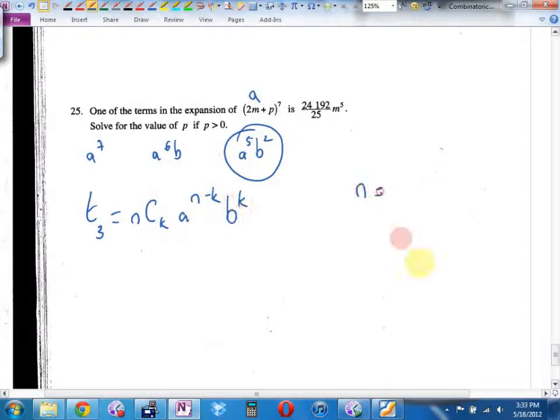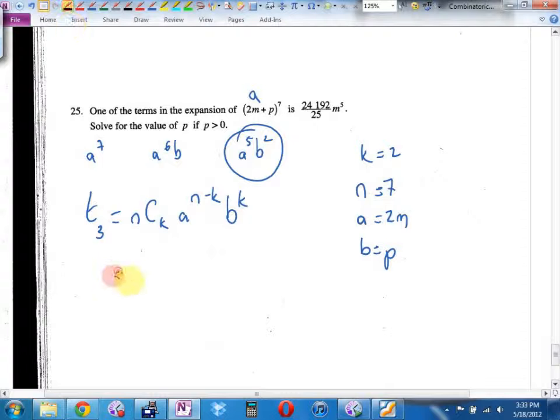Where n is 7, yes. A is 2m. B is the letter P. And K, if I want term 3, what's K? 2. Let's plug in everything that we can here.